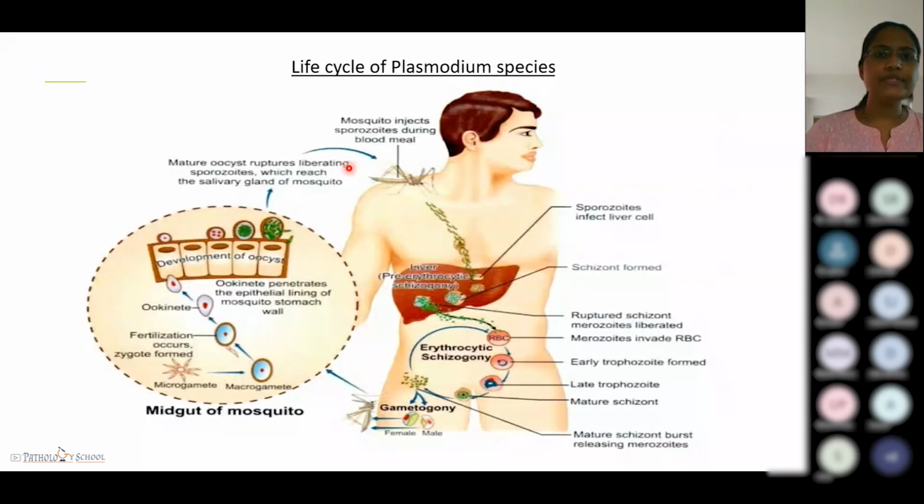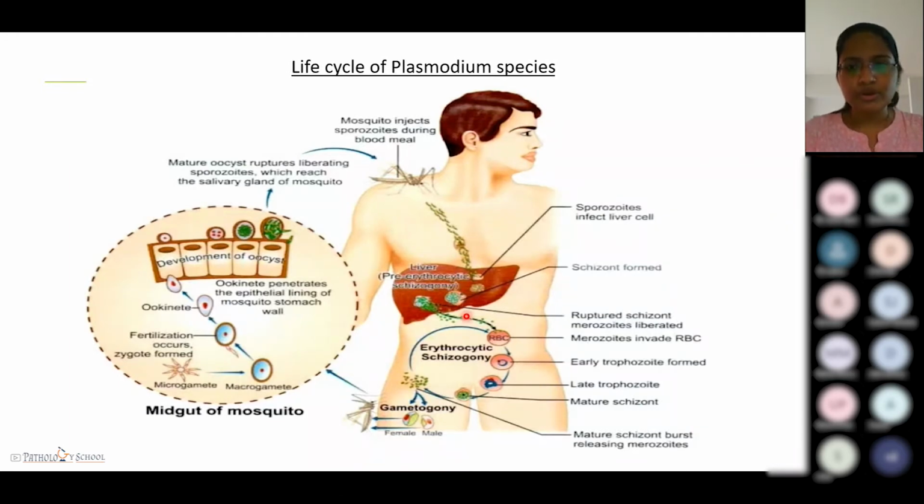So we will study the life cycle of Plasmodium species. First, when the female Anopheles mosquito bites the human, it injects sporozoites during the blood meal, and the sporozoites infect the liver cells. In hepatocytes, they undergo pre-erythrocytic schizogony, and schizonts are formed.